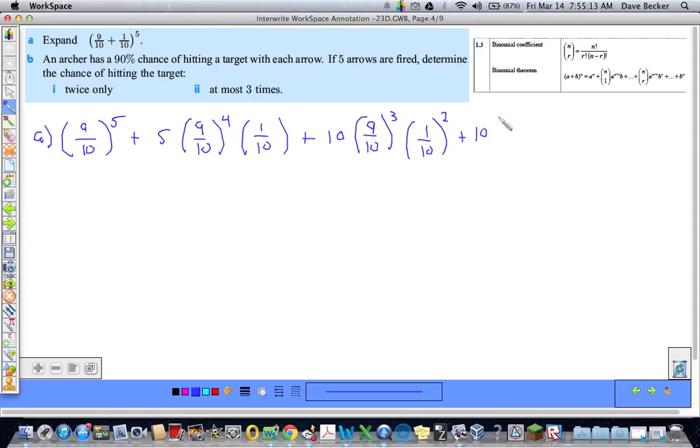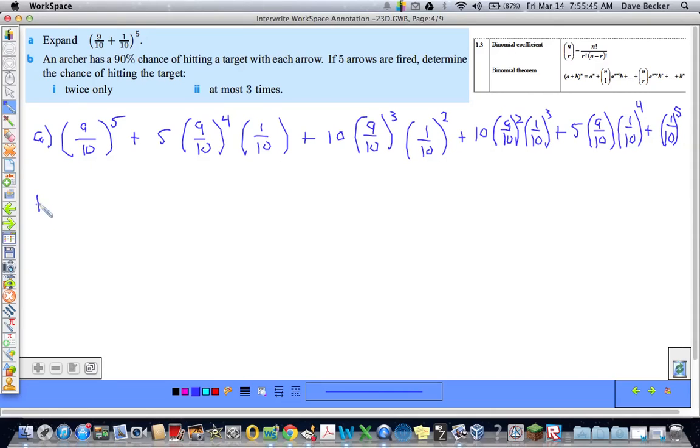Plus 10 times (9/10) squared times (1/10) cubed. Plus 5 times (9/10) to the 1st times (1/10) to the 4th, plus (1/10) to the 5th power. And we are done like a bun, okay?